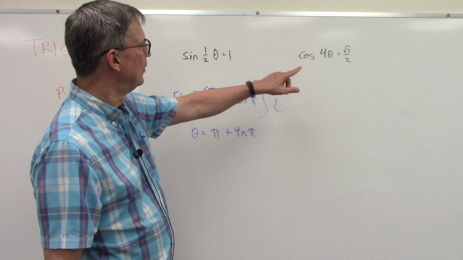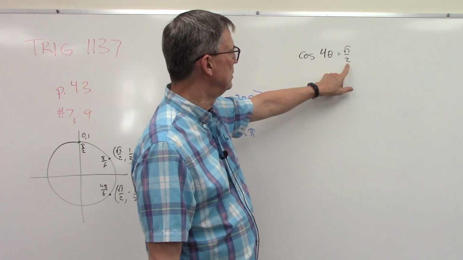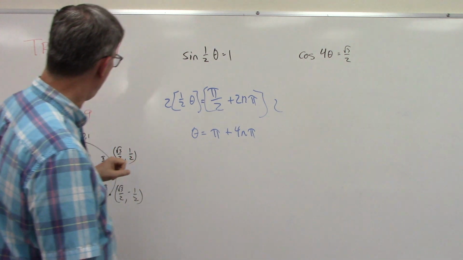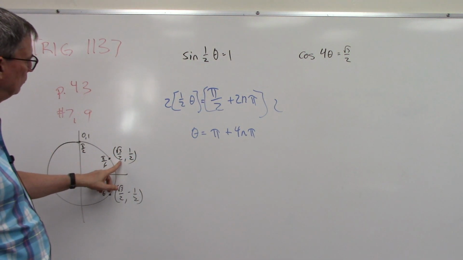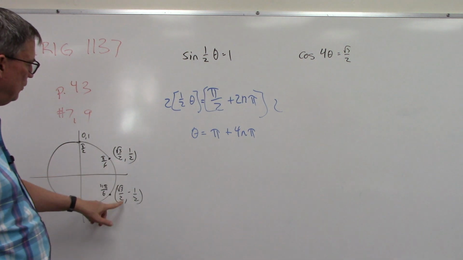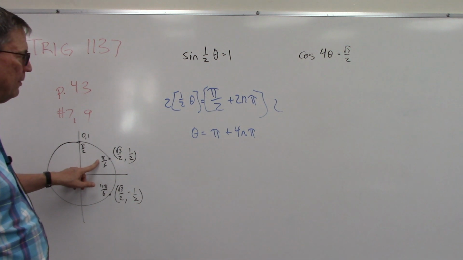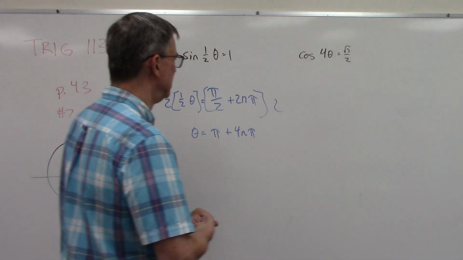All right, let's look over here at cosine. So for cosine, we're going to say, well, where is the square root of 3 over 2 in the x value? And it shows up in both of these points here, okay? So we have two things we're going to solve for. First of all, we have pi over 6.